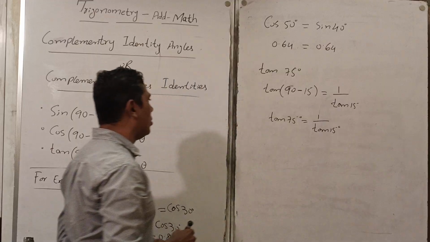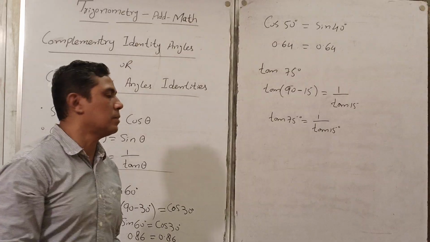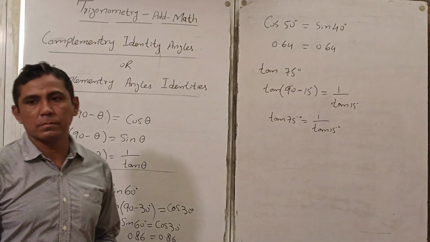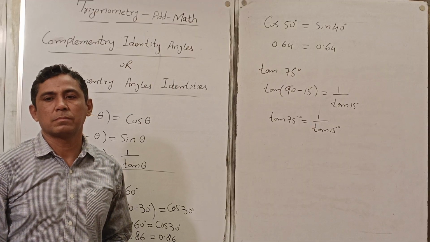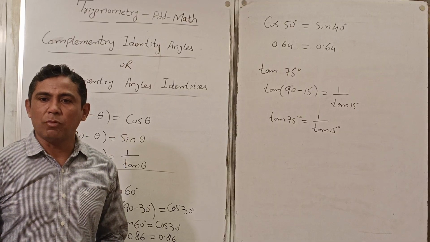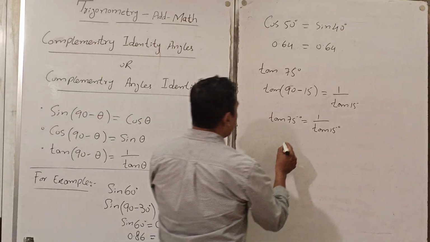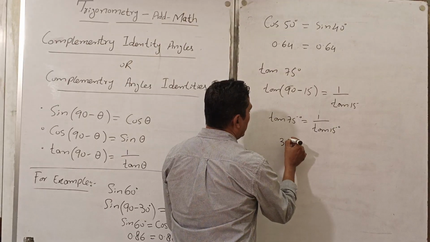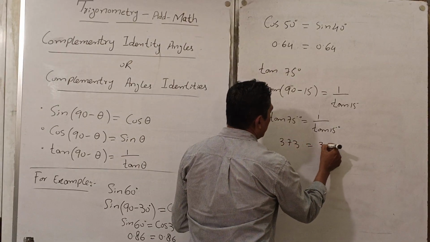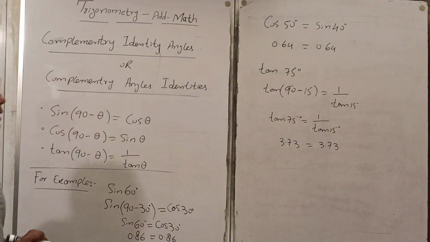You will have the same answer. The answer is 3.73, equal to 3.73. So these were the complementary angle identities.